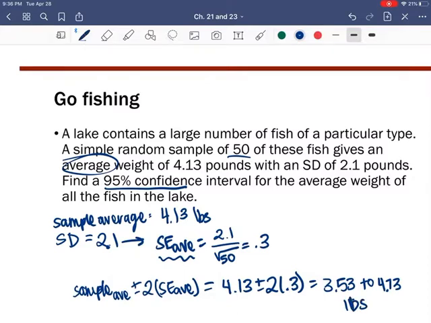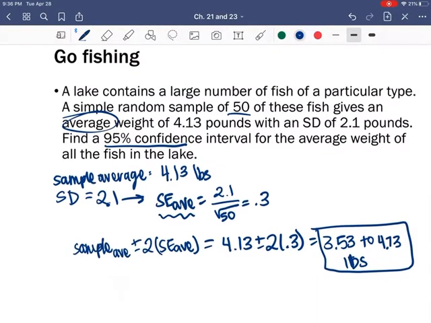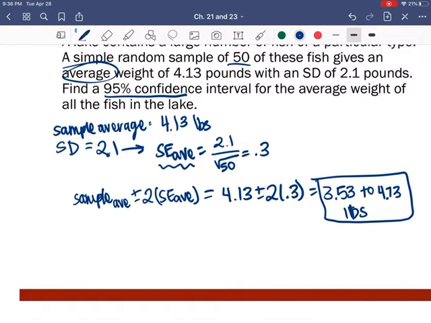So we're going to say the true average weight for all the fish in the pond is in between 3.53 and 4.73 pounds.